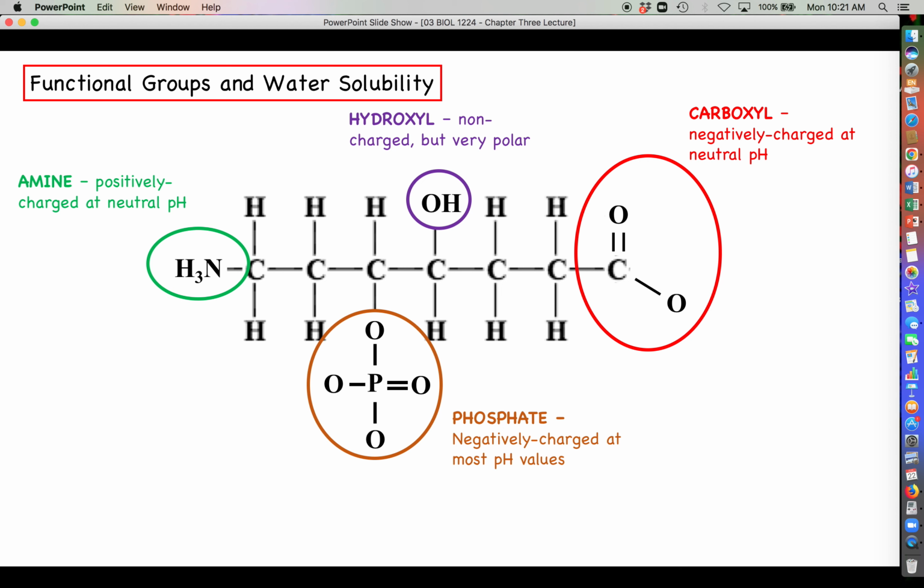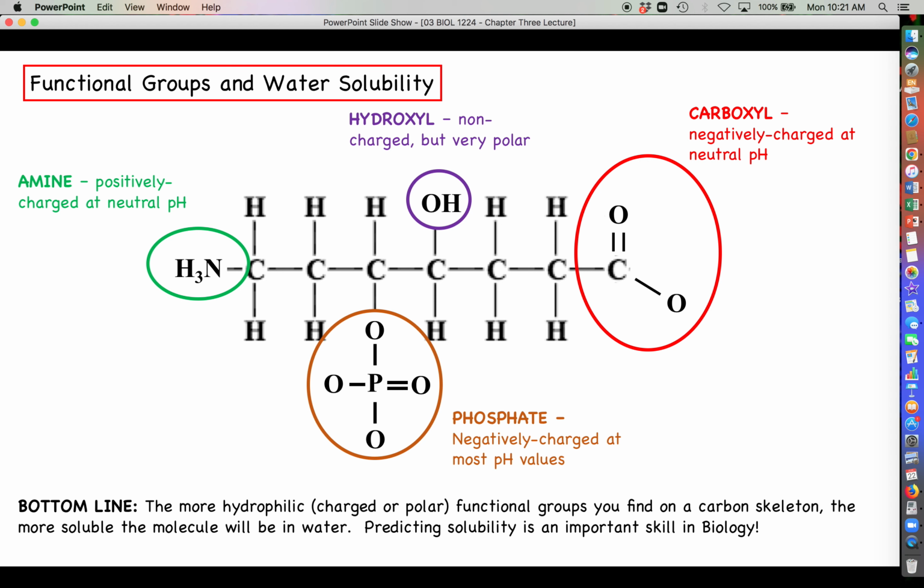So this molecule, as you're looking at it right here, is much, much, much more hydrophilic and soluble in water than the heptane molecule that had nothing but carbon-hydrogen bonds. So the whole bottom line here, if you want to take something away from this, is that if you can provide the backbone with an increased number of polar or hydrophilic or electrically charged functional groups, you're going to make that molecule more and more soluble in water.